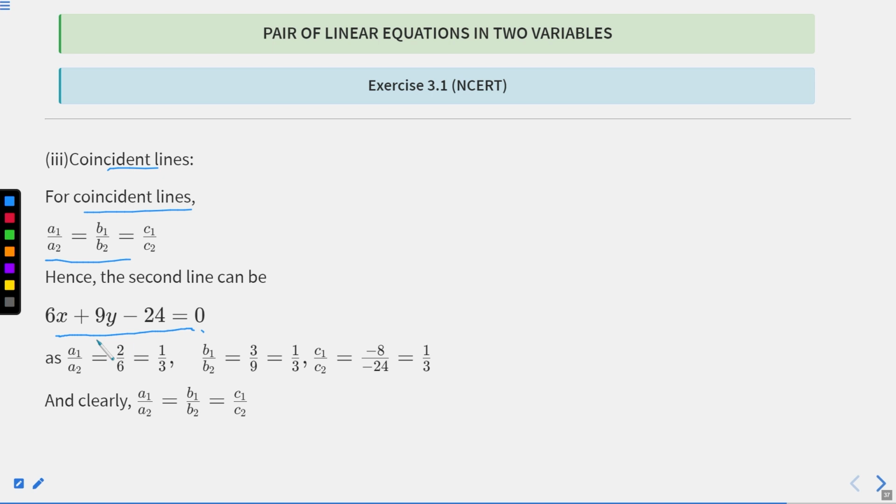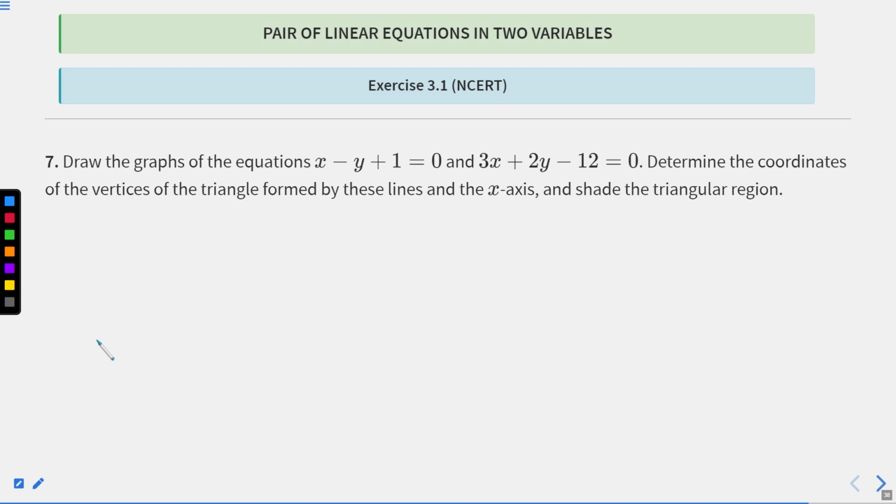As a1 by a2 is equal to 2 by 6, which is equal to 1 by 3, and b1 by b2 is equal to 3 by 9, which is equal to 1 by 3, and the ratio c1 by c2 is equal to minus 8 by minus 24, that is equal to 1 by 3 also. So here clearly a1 by a2 is equal to b1 by b2, which is equal to c1 by c2. Okay, so if we take this equation, then the given equation and this equation are coincident lines.